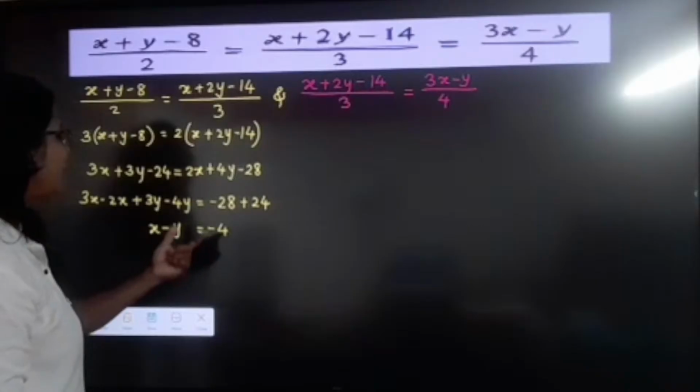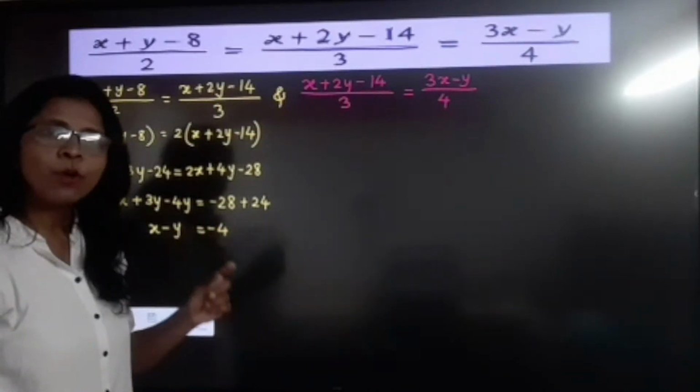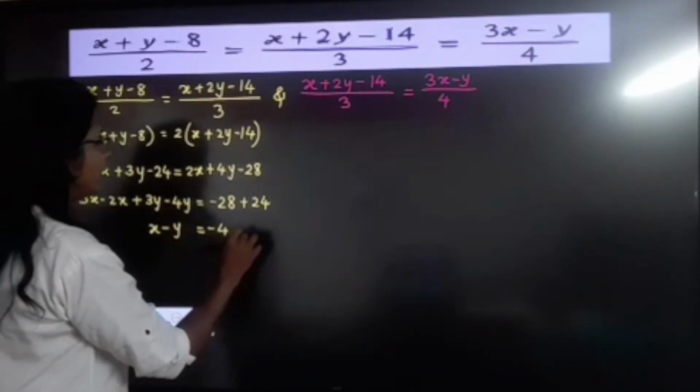So x minus y is equal to minus 4. I call this the first equation.